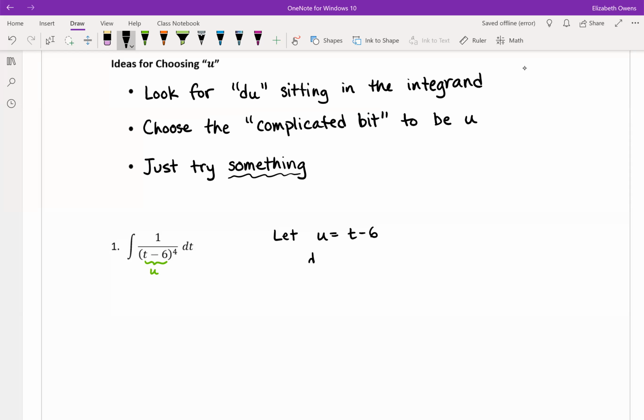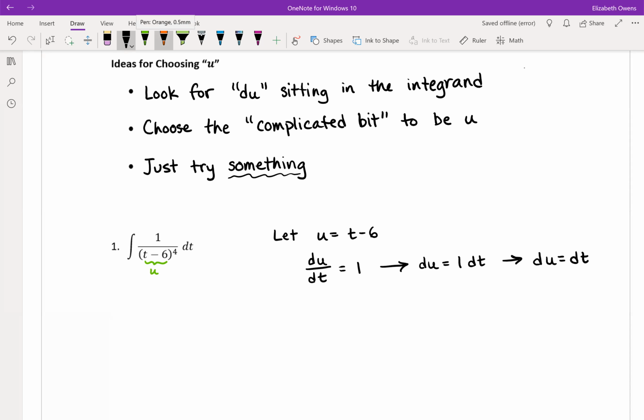Take the derivative of u with respect to t, du dt. And the derivative of t minus 6 is just going to be 1. 1 minus 0, but just 1. So if we work with the differential du, that's going to be 1 dt, or you could just say du equals dt.